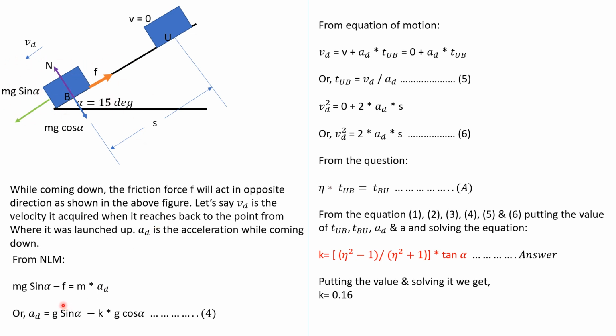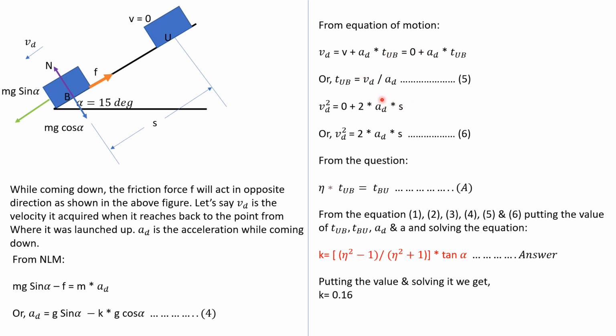So we again write Newton's law of motion. We take AD as the acceleration while coming down, written for easy understanding. AD is equal to g sin alpha minus k g cos alpha. This is the equation we got. Another equation: VD is equal to V plus AD into TUB. Initial v was 0, so we put 0.